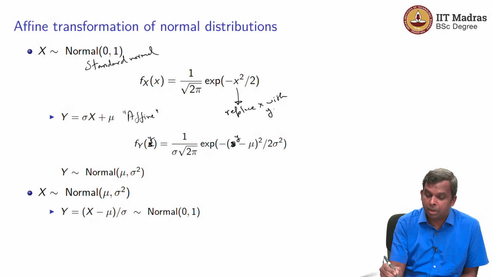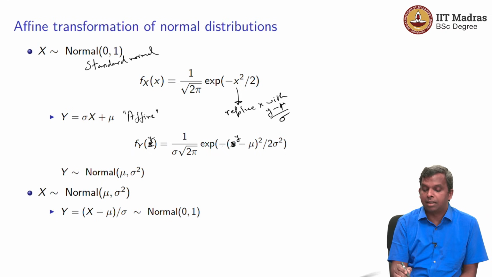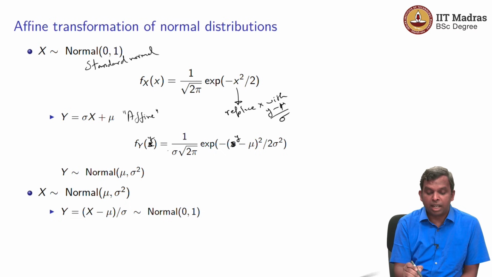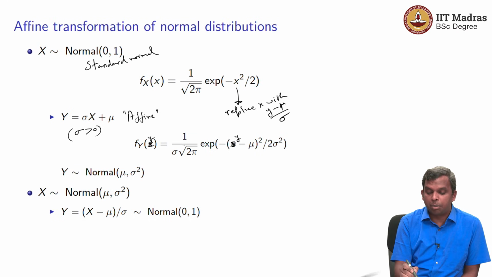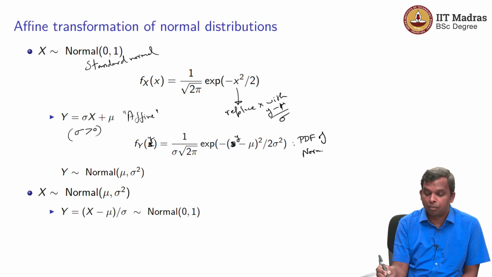Replace x with (y minus mu) by sigma. You get e power minus (y minus mu) whole squared by 2 sigma squared, and then there is a 1 by mod a, isn't it? Let us say sigma is positive. So there is 1 by mod a, and that is where the 1 by sigma comes in. So this you can see is the PDF of normal with mean mu and variance sigma squared.